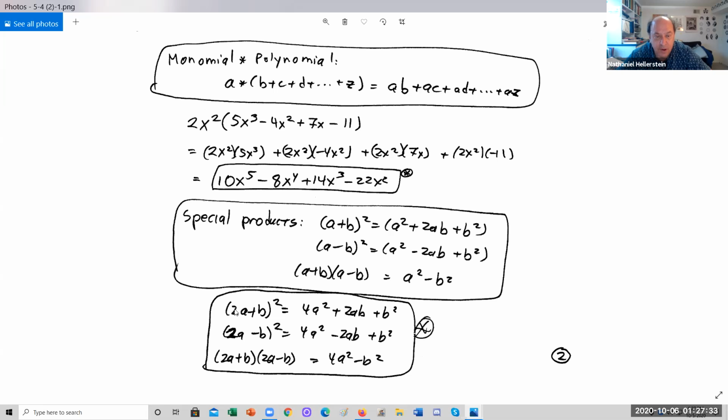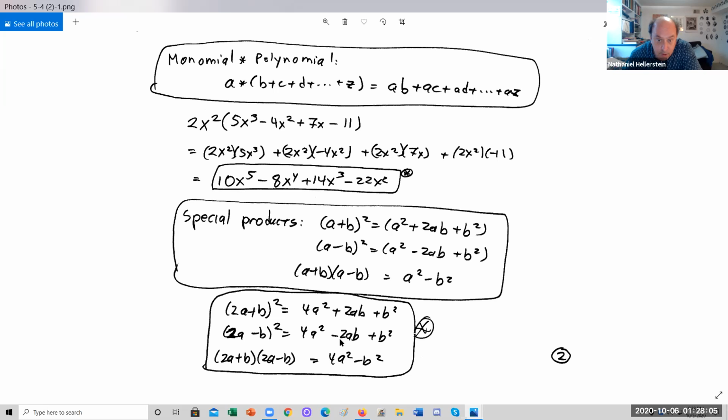So for example, 2a plus b all squared, well, the square of 2a is 4a squared. Oh dear, this should be a 4ab rather than a 2ab. Then plus b squared. Here, similarly, it's 4a squared, then this should also be a minus 4ab.